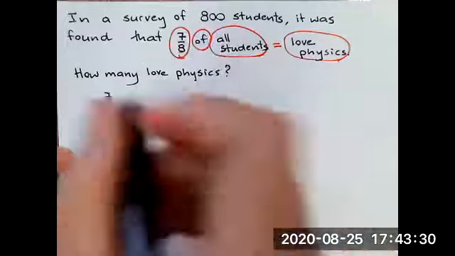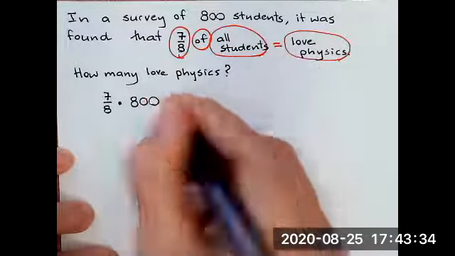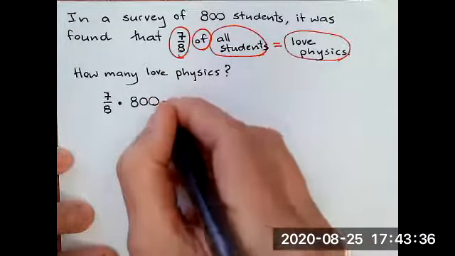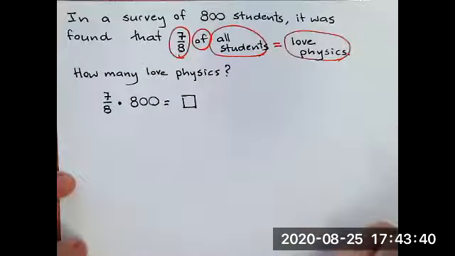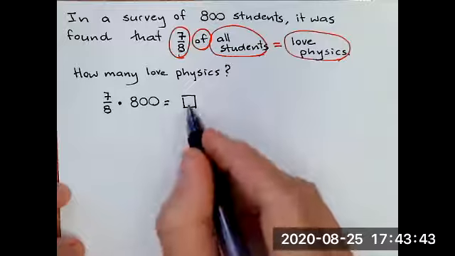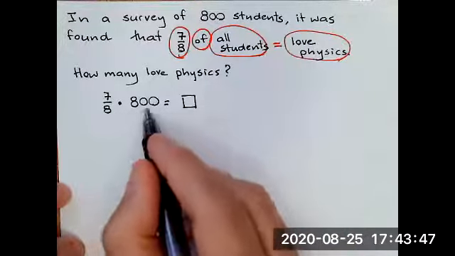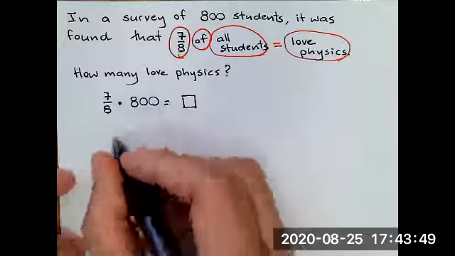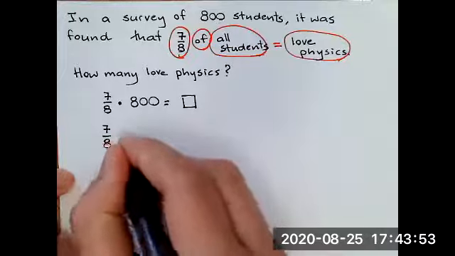Those are all of the students who are surveyed. So equals, and what we're looking for is the number who love physics. This is a missing product, so we're going to multiply. And because 800 is a whole number, let's make it into a fraction by putting a 1 in the denominator.